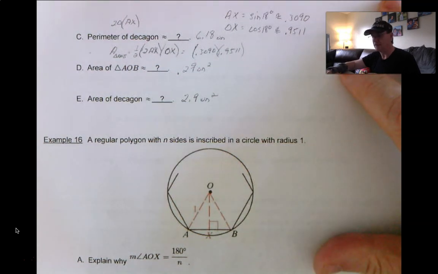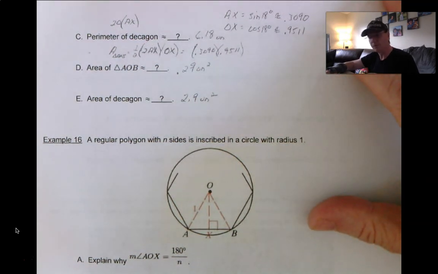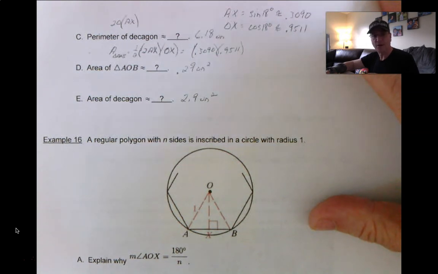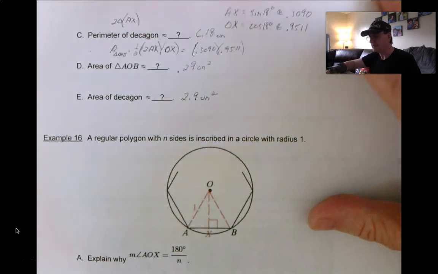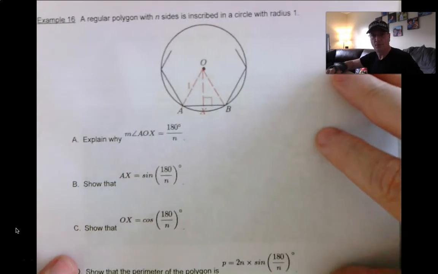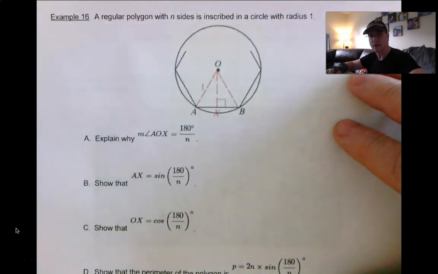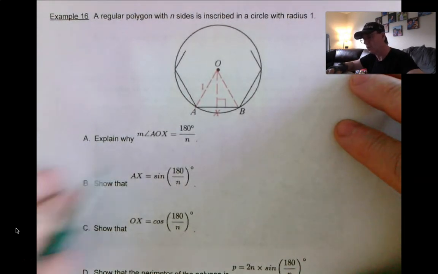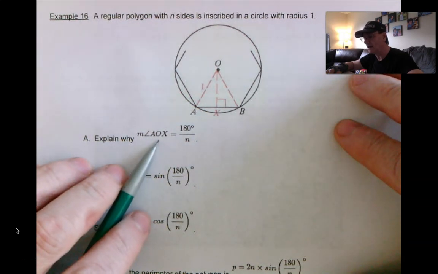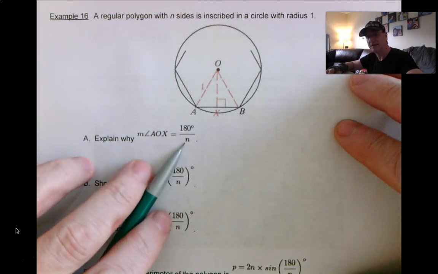That was example 15. Example 16 is, what if we don't know the number of sides? It's just any polygon, but yet it's still the exact same scenario. The radius is still 1, it's still regular, and it's still inscribed inside of the circle. Okay, so y is the measure of angle AOX, 180 divided by n.